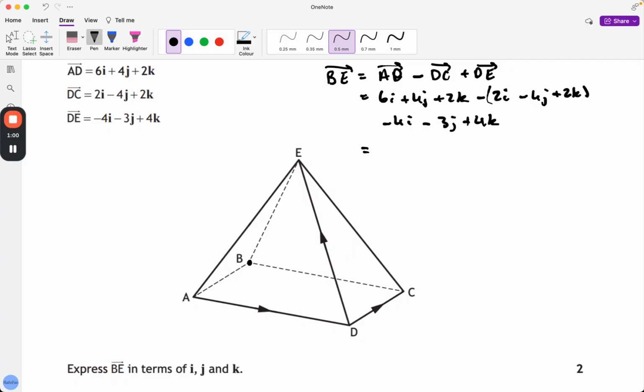Then we minus 3 to get 5J. And then for our K's, we've got 2K minus 2K, so that cancels out, plus 4K. So we have our plus 4K at the end, and that is it in terms of IJK. Technically, if you wanted to, you could write 0I plus 5J plus 4K, just to be super explicit, because it says in terms of I, J and K.